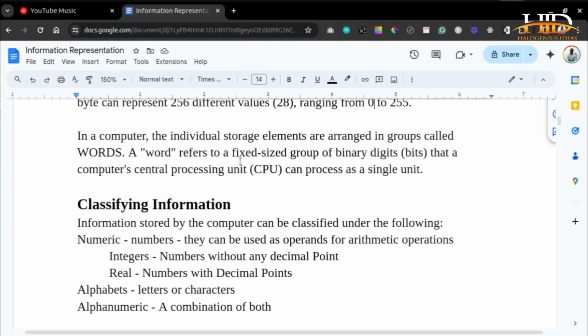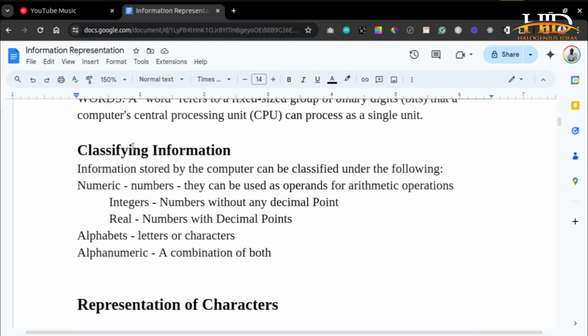So how can we classify information that can be stored in the computer? The first one is the numeric classification, under which we have numbers. The type of data that you can execute arithmetic operations on, you refer to them as numbers. And under numbers, we have two types: the numbers that don't have any decimal point, then the ones that have decimal points.